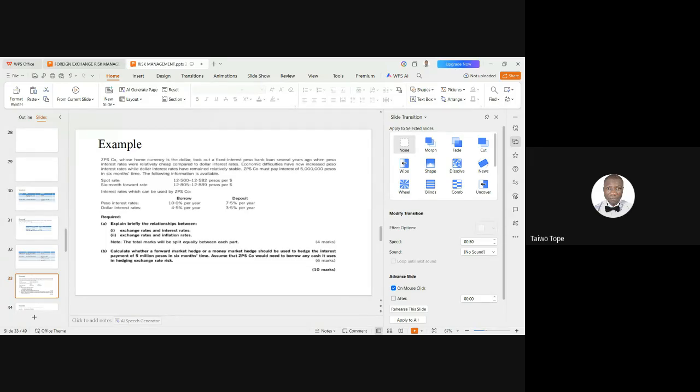Explain briefly the relationship between exchange rates and inflation rates. Note, total marks will be split equally between each part. This is ACCA for you. Calculate whether a forward market hedge or a money market hedge should be used to hedge the interest payment of 5 million pesos in 6 months' time. Assume that ZPS Co will need to borrow any cash it uses in hedging exchange rate risk.